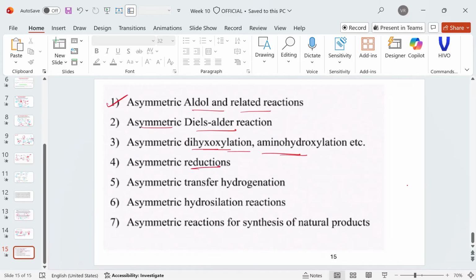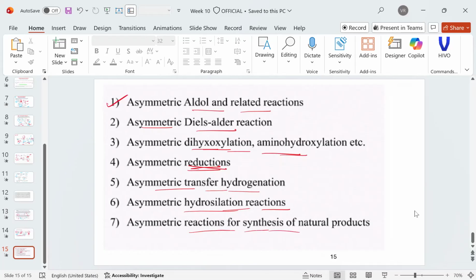Further, asymmetric reduction. You may have heard about or come across the CBS reduction, that's an asymmetric reduction example. Further, asymmetric hydrogen transfer, asymmetric hydroxylation reactions, and asymmetric reactions for the synthesis of natural products.